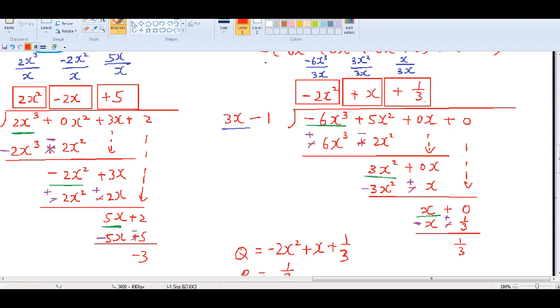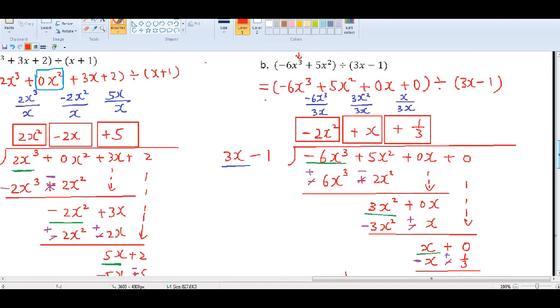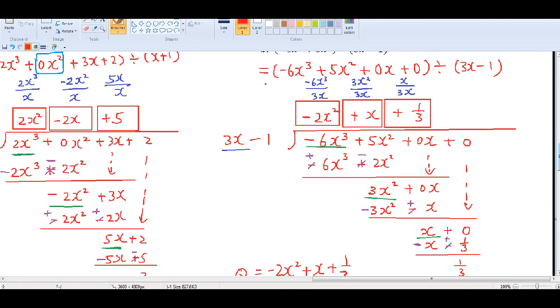Why 1/3? Because the leading term becomes x, the green underlined one, and the leading term of the divisor is 3x, so x over 3x becomes 1/3. That's why you need to do that.